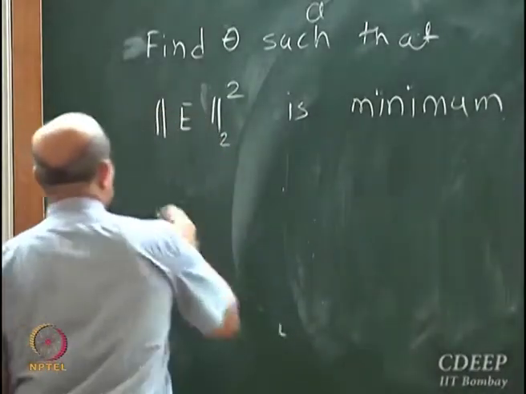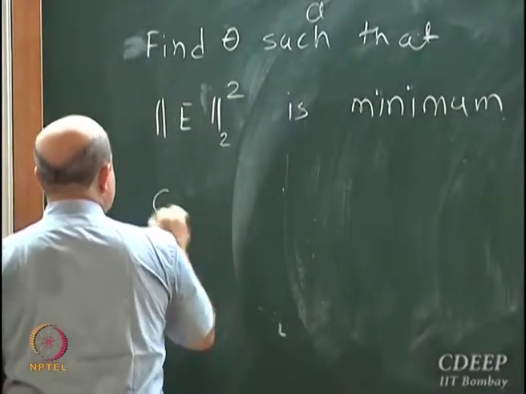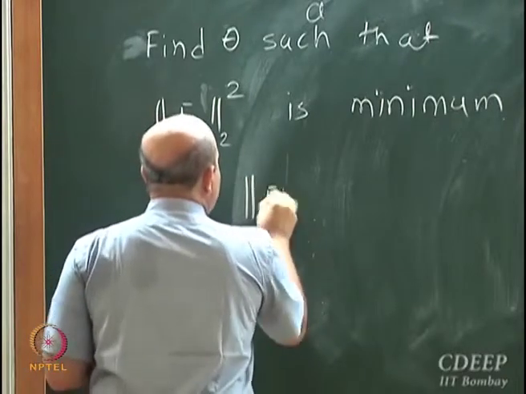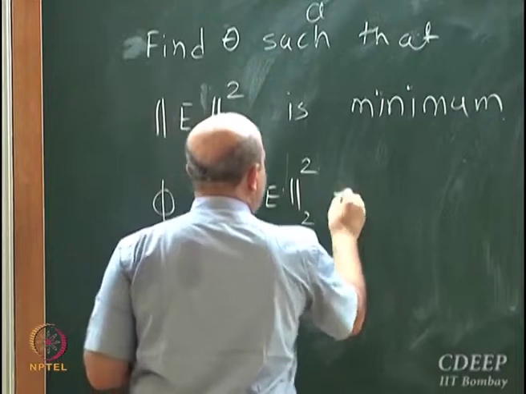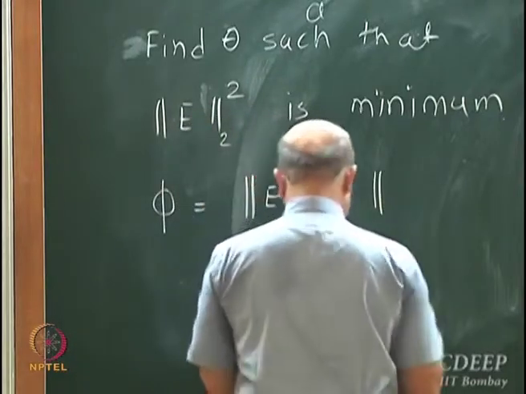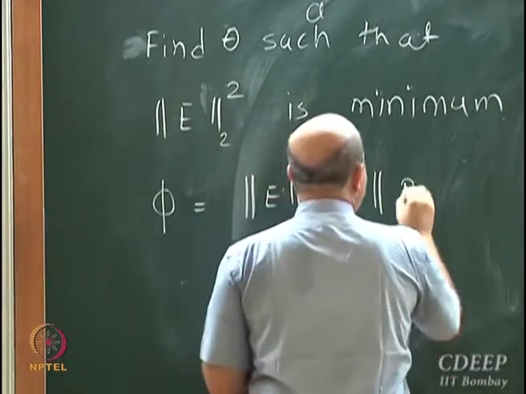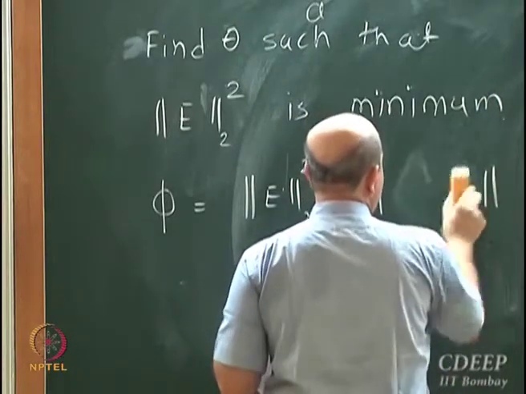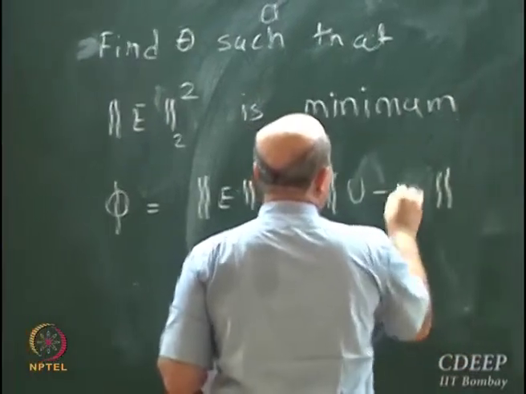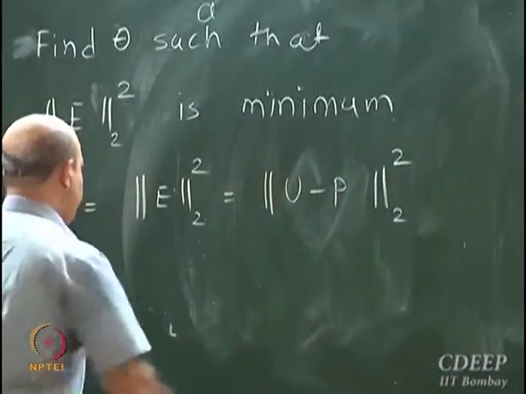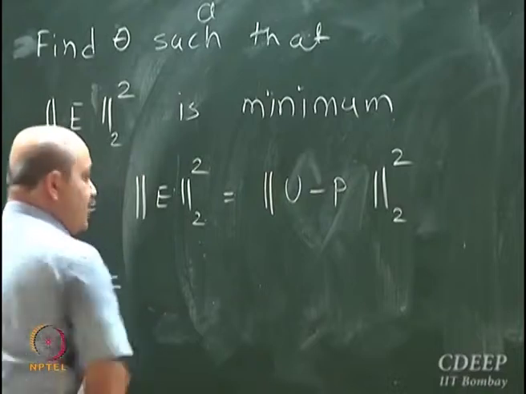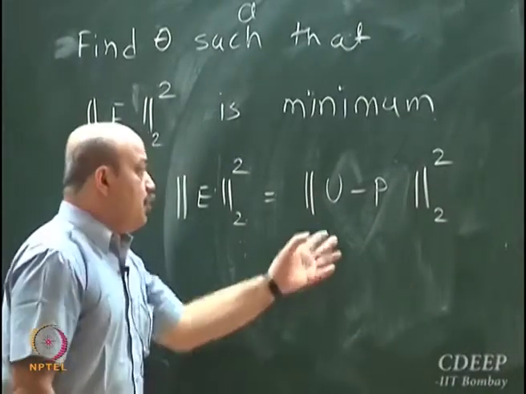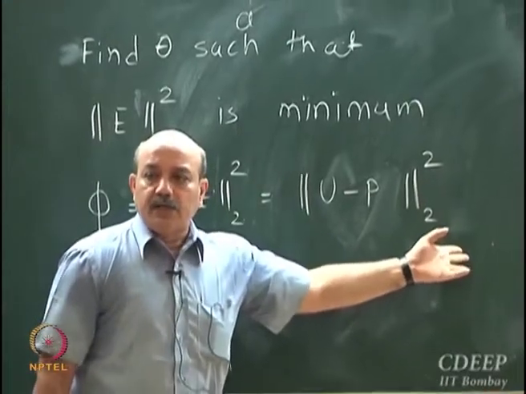So what does it mean? I want to minimize phi, which is the 2 norm of the error squared, which is U minus P, right? But this is a 2 norm, and we are working in the inner product space. So the 2 norm squared is related to the inner product.